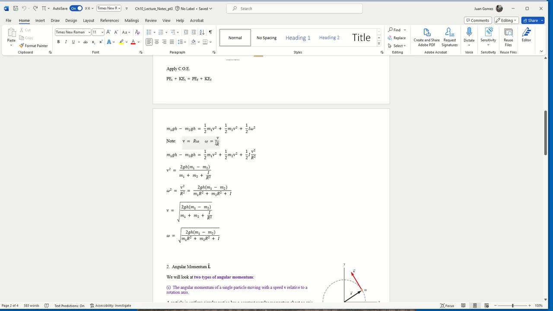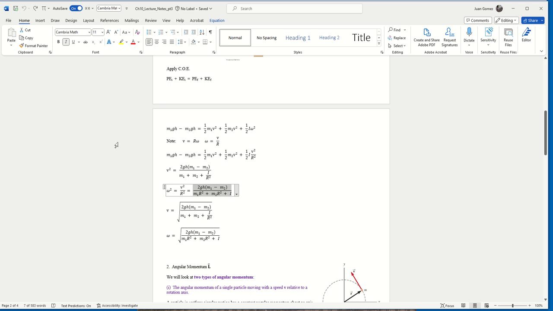What's omega squared? If omega is v over r, omega squared is v squared over r squared. So to get omega squared, I just take that expression for v squared and divide it by r squared, and you are left with this.